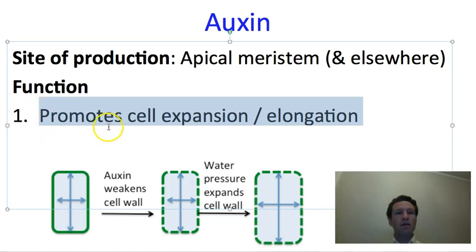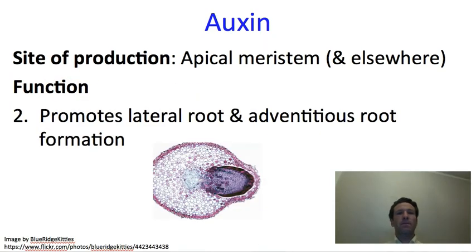So because the auxin causes cell expansion and elongation, it can lead to growth of organs. For example, it could lead to leaves getting larger or fruits getting larger. Another function of auxin is that it promotes lateral root and adventitious root formation.